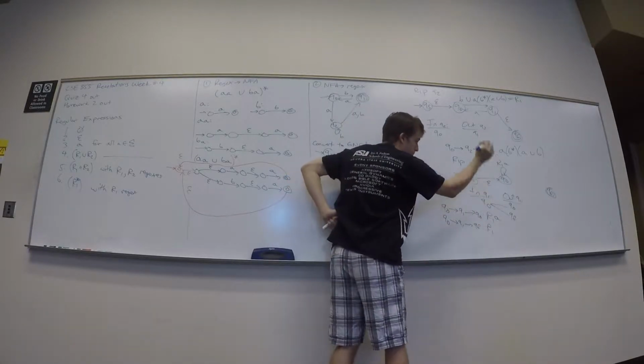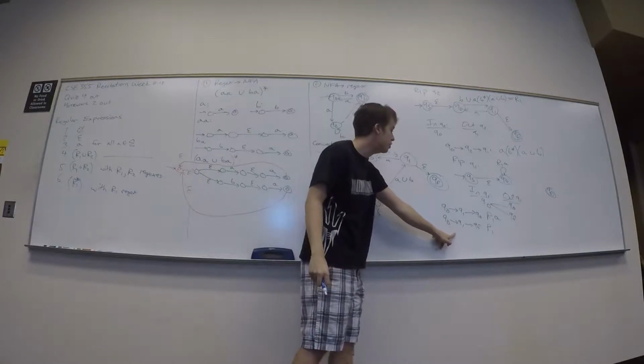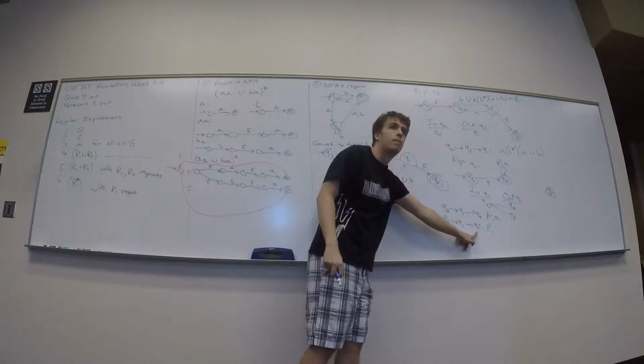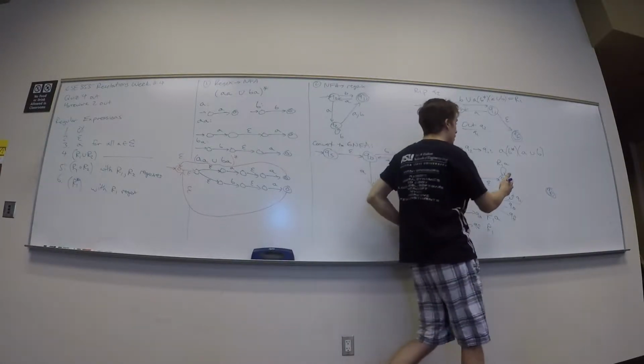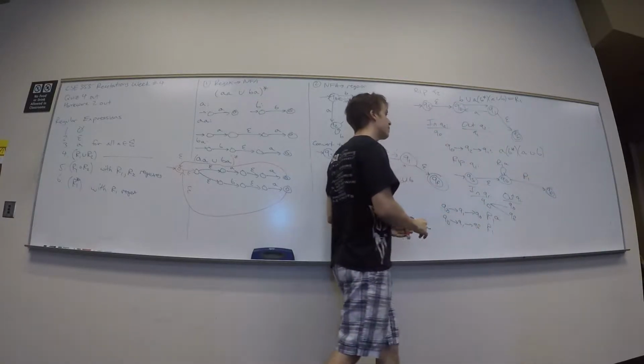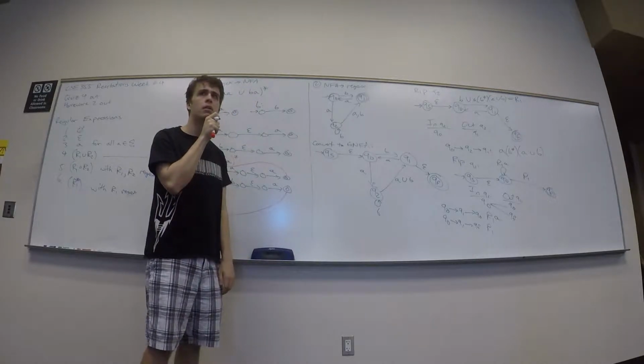Epsilon. And there it is. So now I have to make a transition directly from 0 to F on what? R1, thank you. So I go directly there. Okay. Are we done? No.